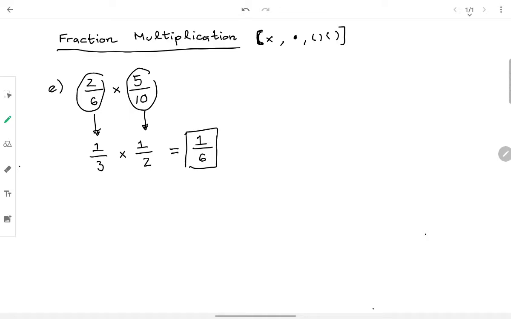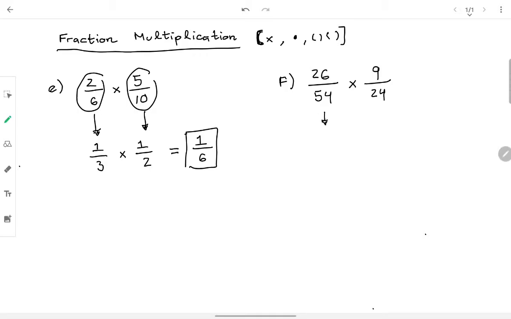Let's see another example. Maybe make a big one. 26/54 multiplied by 9 out of, I don't know, 24. Then we can simplify first and then make the multiplication.